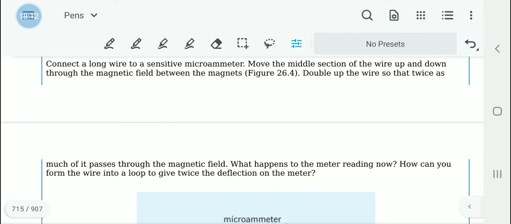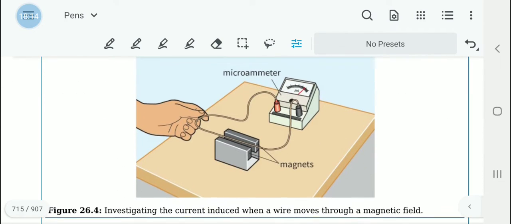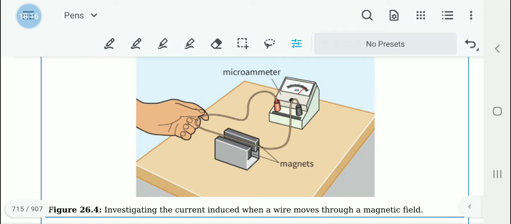Experiment 3. A long thin wire is connected to a sensitive microammeter and moved through a magnetic field.